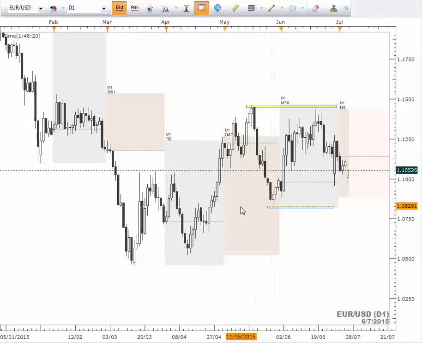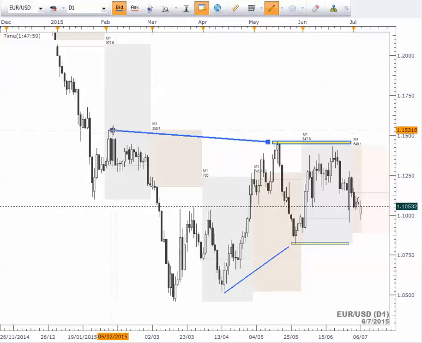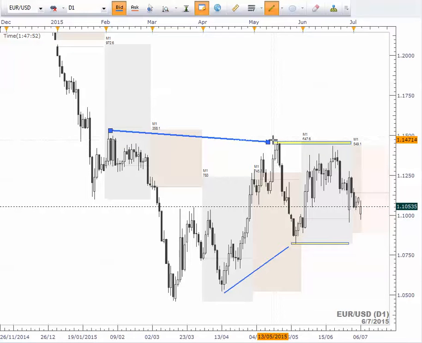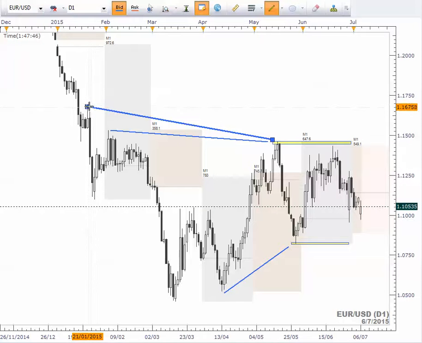Because if we get below May's low, then chances are we're coming down to April's low. Similarly, any short trades I take, my hard absolute stops would be anything above May's highs. And chances are, if we break above May's highs, then we're coming up to test February's highs and potentially the high from this level here.